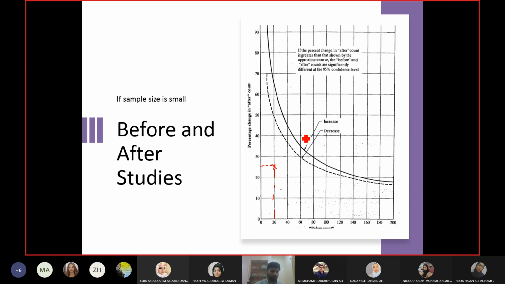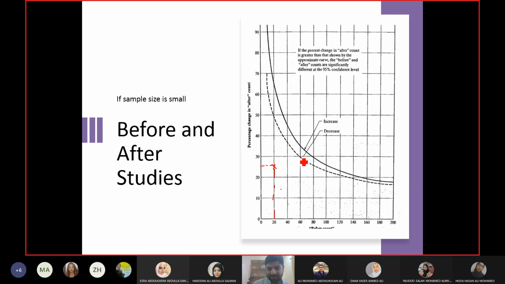Now you can see two curves are here, right? One is dotted, the other one is solid. The dotted one is what we want, because with the dotted one, they are saying this is to compare the decrease in crashes. Obviously we are trying to decrease the number of crashes, so usually you should be dealing with this curve.